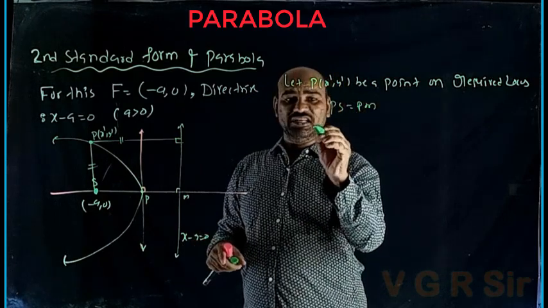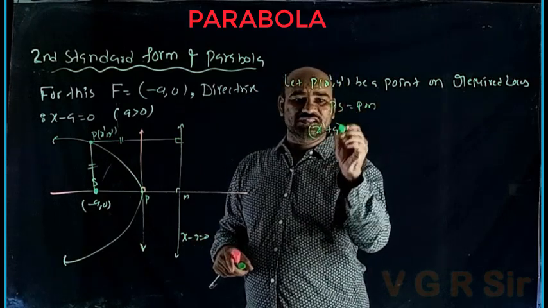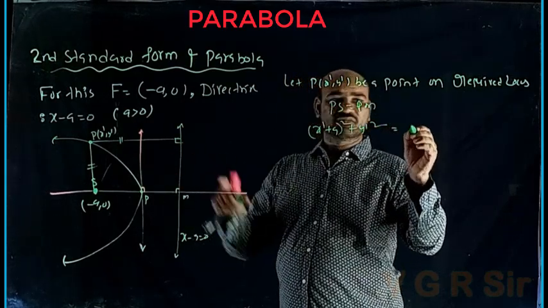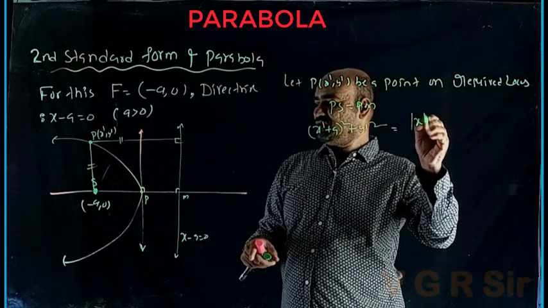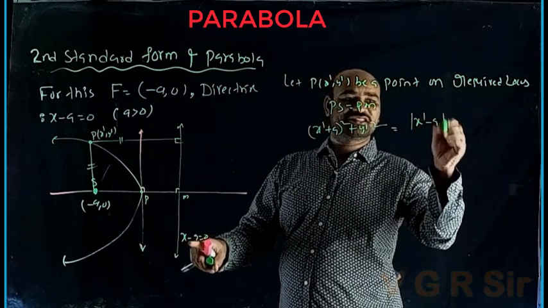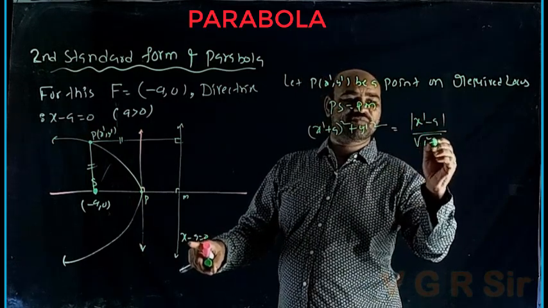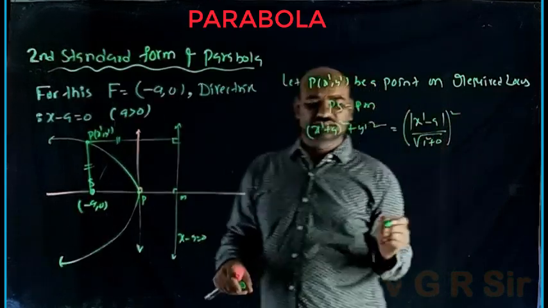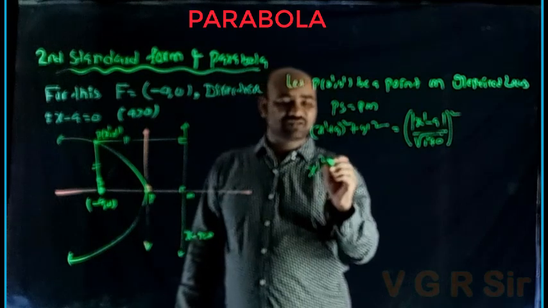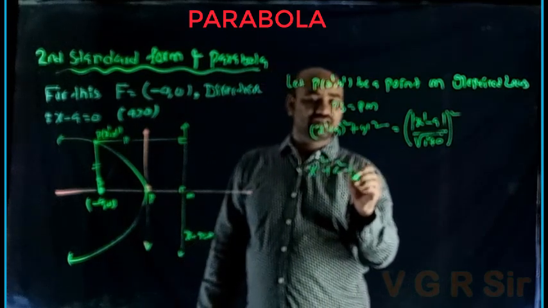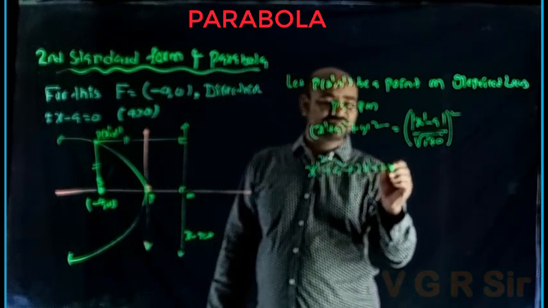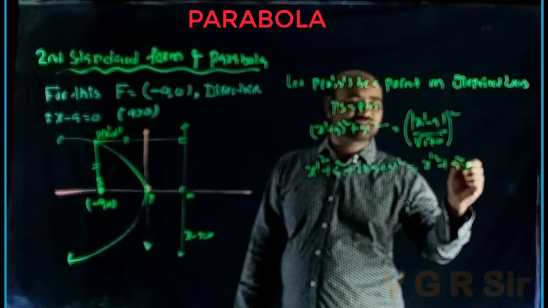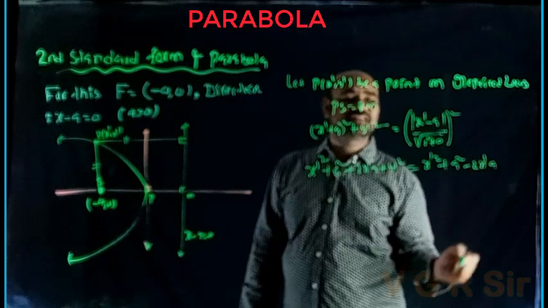PS means what? Square root of (x dash plus a) whole square plus y dash square equal to mod of x dash minus a by root over 1 square plus 0 whole square. Directly squared. So what happened? x dash square plus a square plus 2x dash a plus y dash square equal to x dash square plus a square minus 2x dash a.